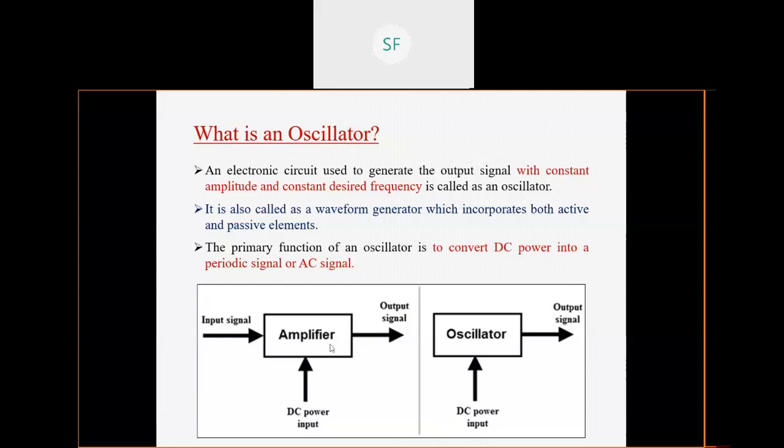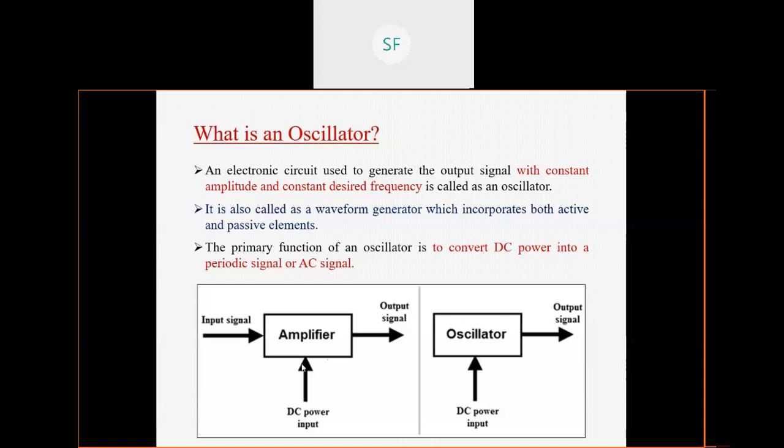So what are the differences between amplifier and oscillator, if anyone asks you? You can state like this: in an amplifier the input signal is present, but in an oscillator the input signal is absent. Now the second difference is very important. We have seen it while discussing non-inverting amplifier, inverting amplifier, and summing amplifier in the last unit, all these applications of op-amp.